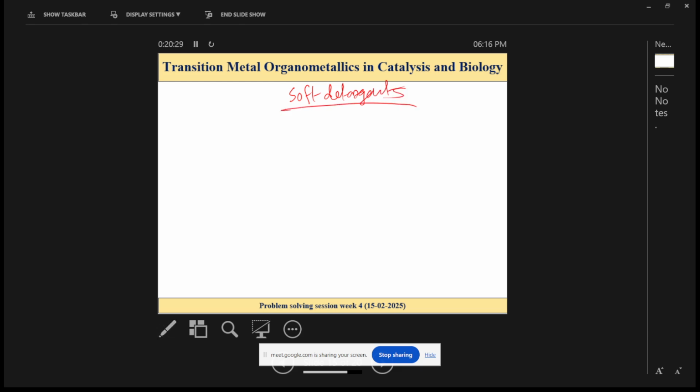For soft detergents we have to restrict the carbon number to the range C12 to C18. We don't need below that, and we don't need higher than that, so we have to restrict this range. So the strategy is to perform the reaction where we only get the polymer having carbon numbers between C12 and C18.